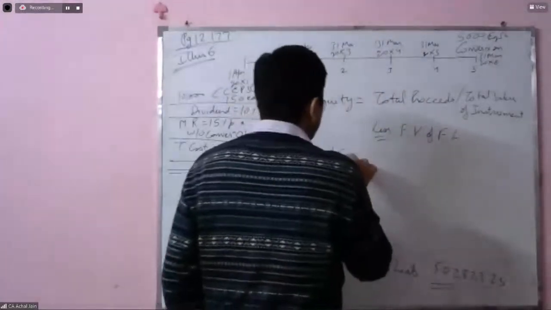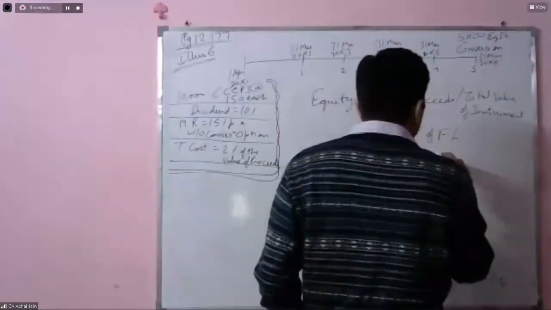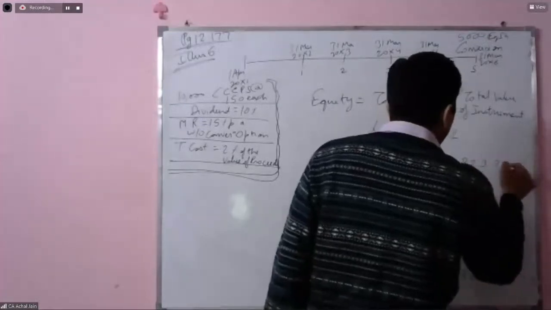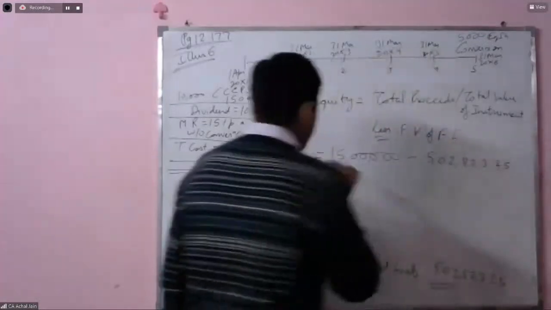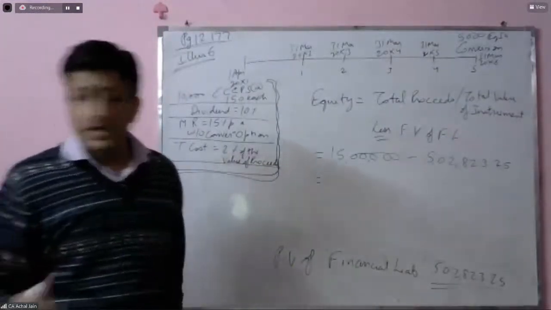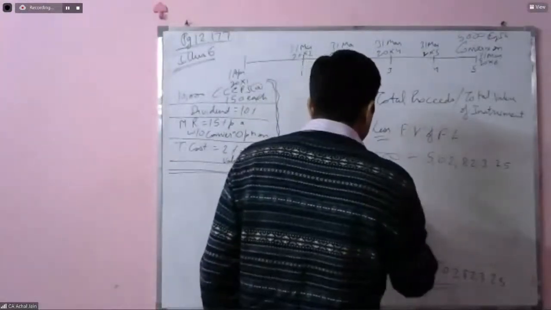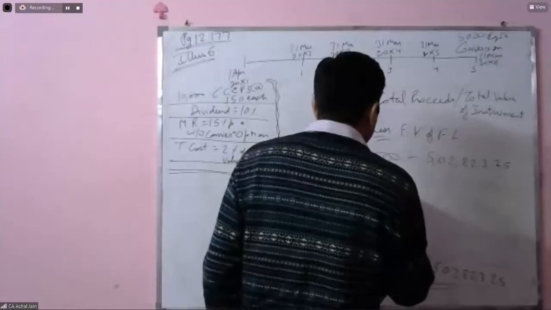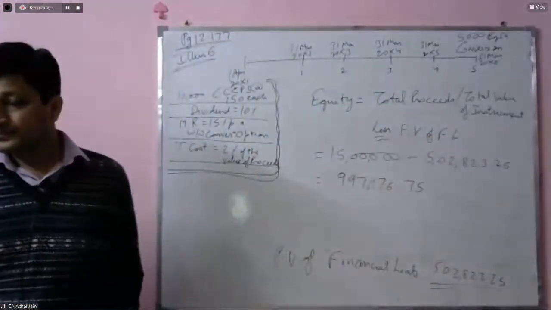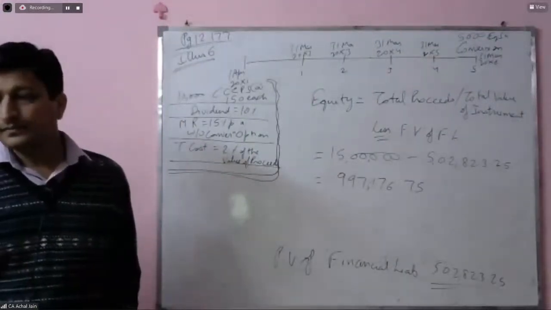So this is 15 lakh less 5,02,823.25. So what do we get? We get 9,97,176.75. Okay.